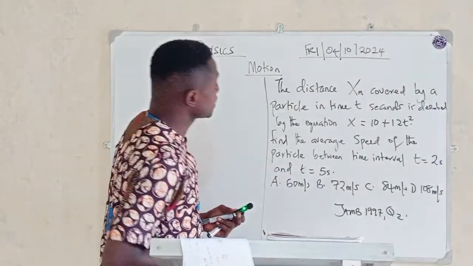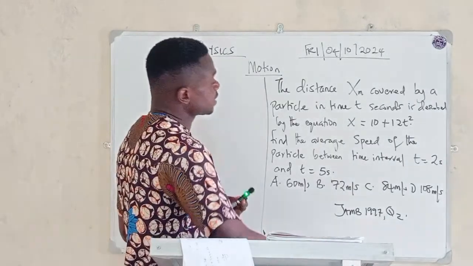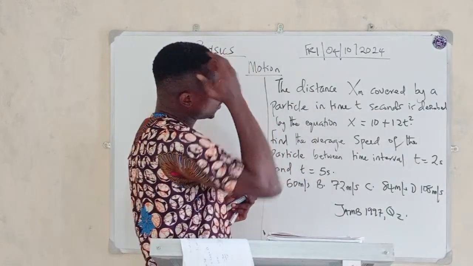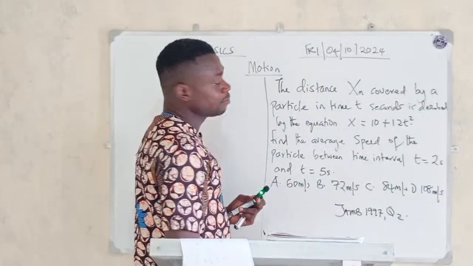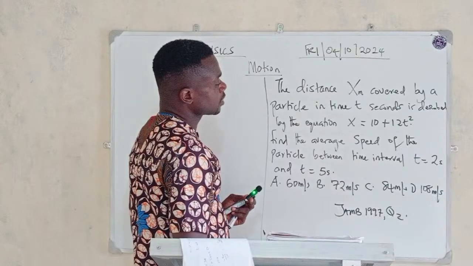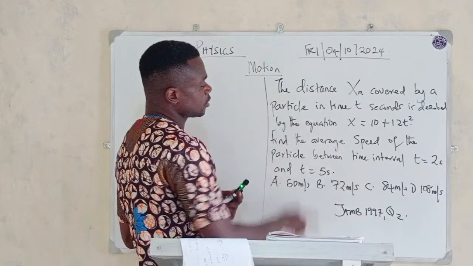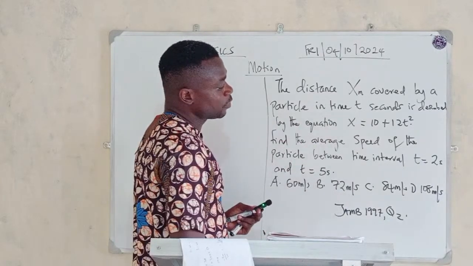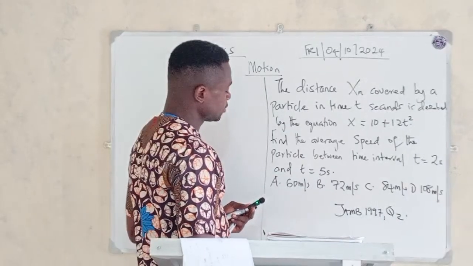The question says, the distance x meter covered by a particle in time t seconds is described by the equation x is equal to 10 plus 12t squared.